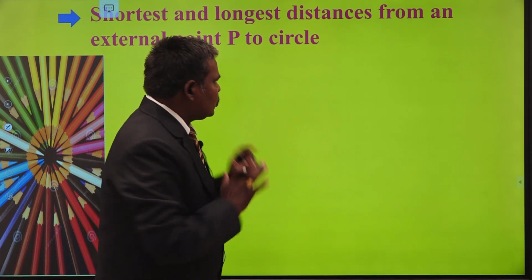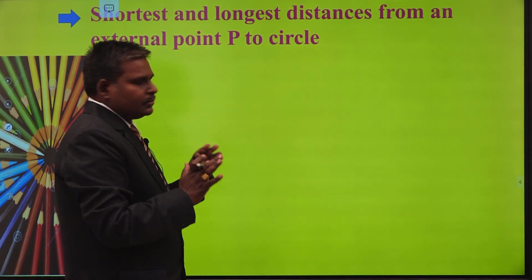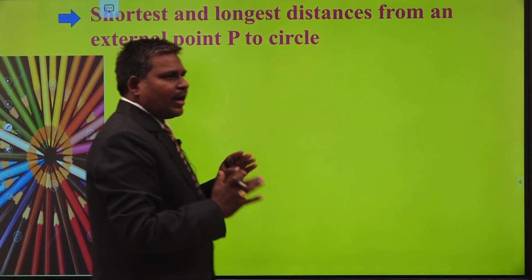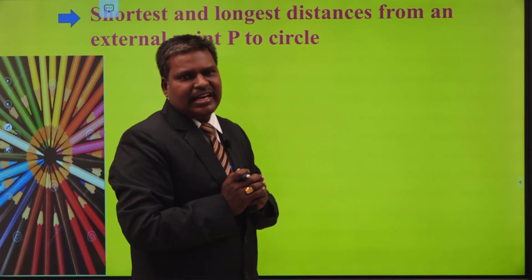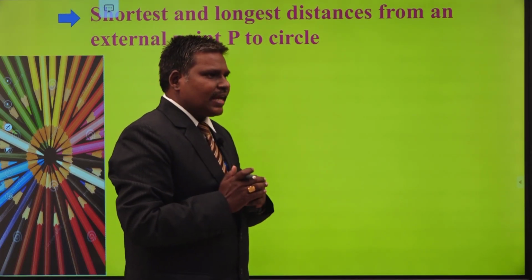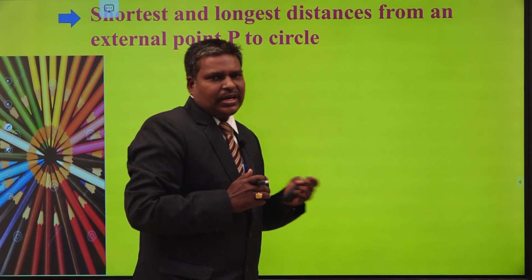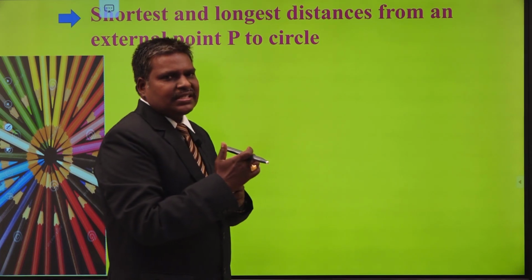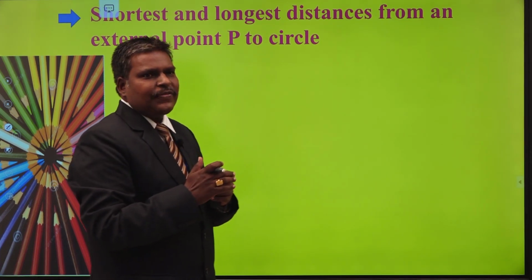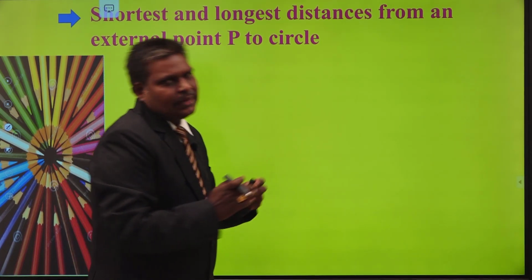You take any point and identify the point on the circle which is nearer to it, either inside or outside, whatever it may be. If it is outside, that is very meaningful. Sometimes it may be inside.